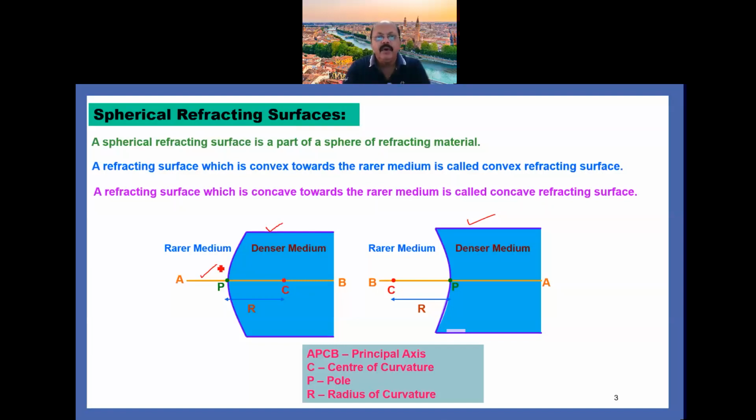P is the pole of refracting surface, R is the radius of curvature, that is the distance between pole and center of curvature. So this is about spherical refracting surfaces.